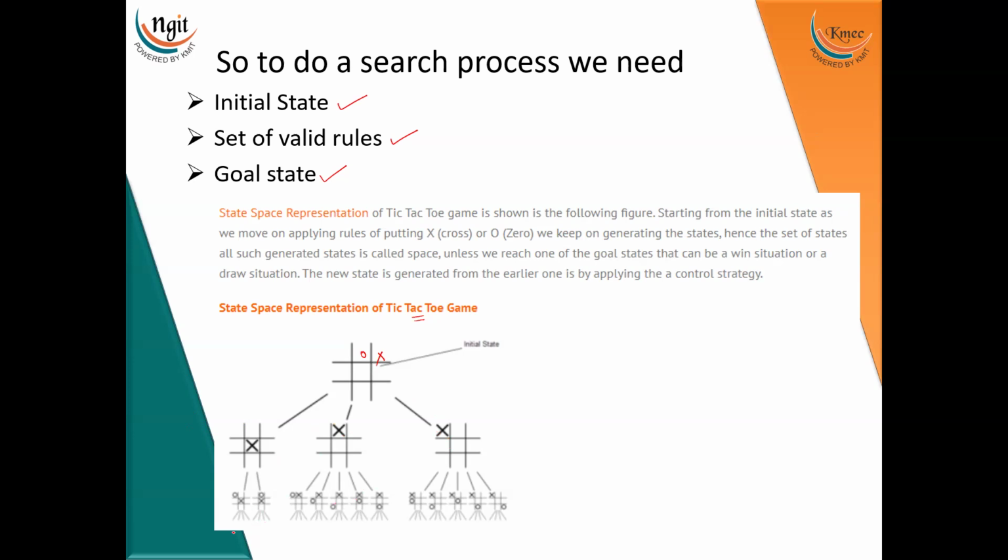All these generated states, as we move from state to state, are called the space, until we reach one of the goal states, which may be a winning situation or a drawing situation. So all of these are the space. This is how a particular problem can be represented with the help of a state space representation.